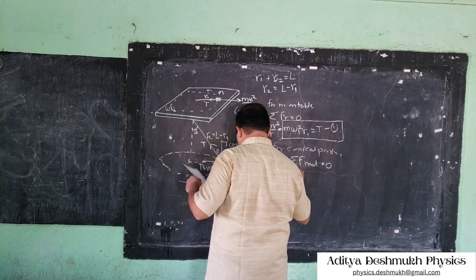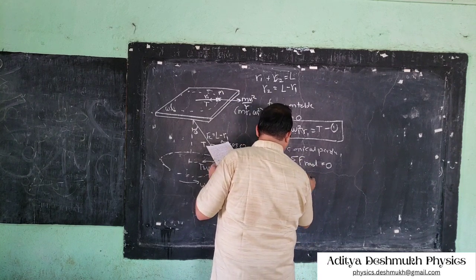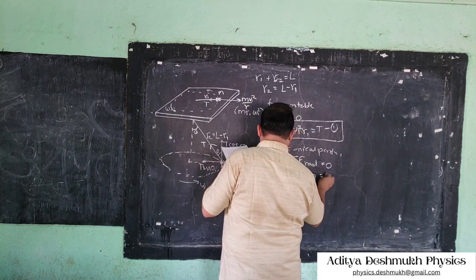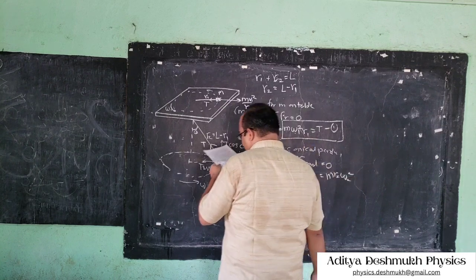So T sin theta will be equal to m R2 omega 2 square.